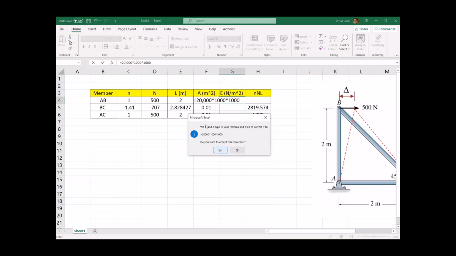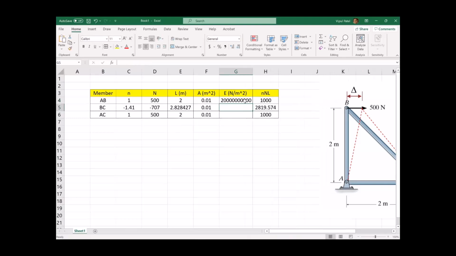What happens here? Okay, so that's all good. And this is newton meters divided by EA, so we just need to divide it by this area times EA, so you will get this, and then sum.